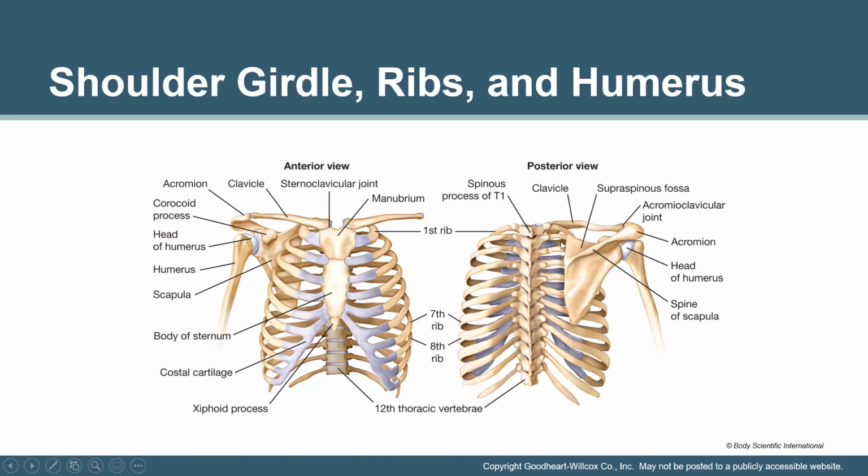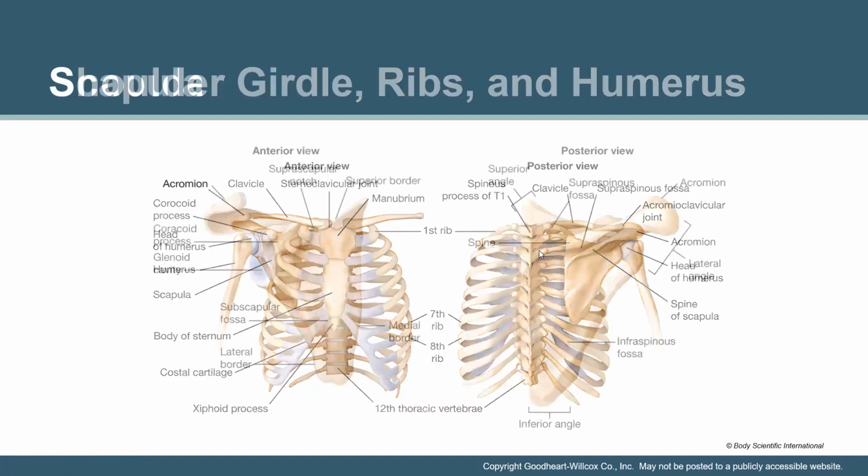And then the superior angle, if you go straight across, you're going to be right at about the tip, again depending on your position and if you have any musculoskeletal aberrations. Ideally, it will come right across to the tip of the spinous process of your T1 vertebra, or thoracic vertebra number 1.